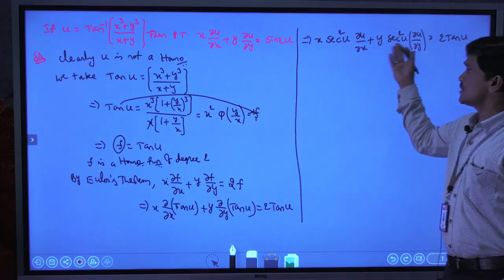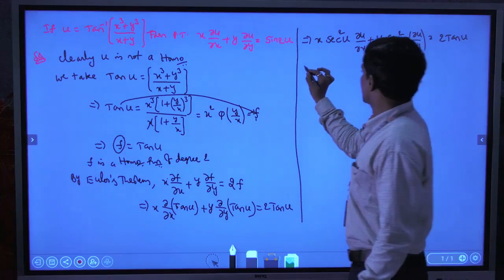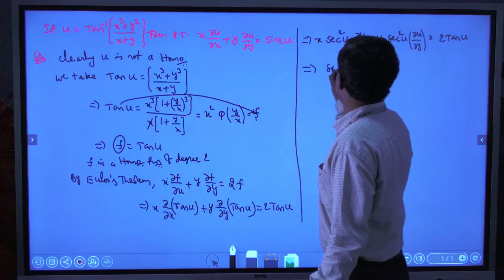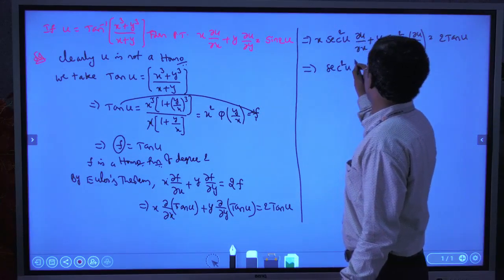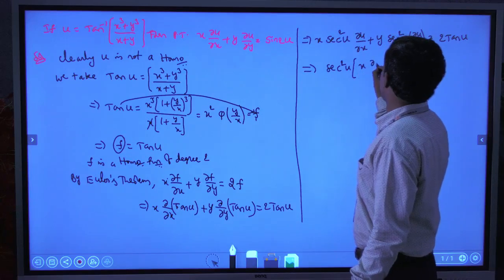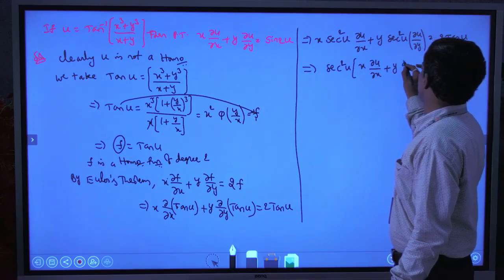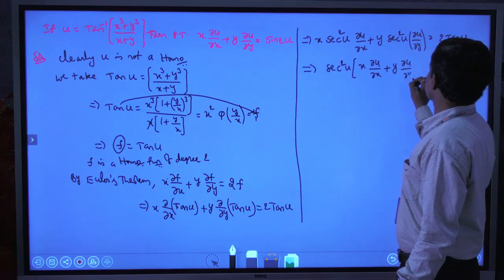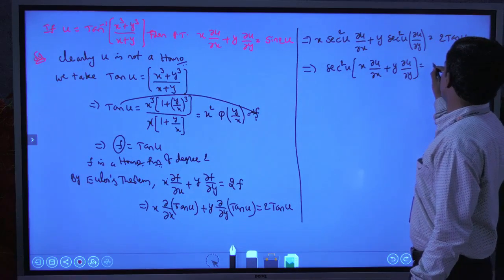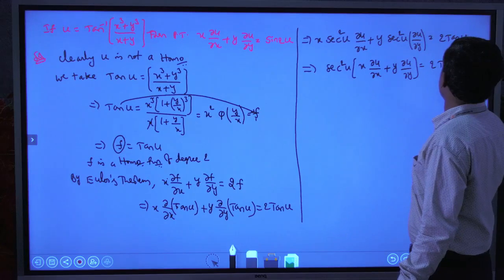Right? What is the common value in this expression? Secant square u is the common value. Here secant square u into x dou u by dou x plus y dou u by dou y is equal to 2 tan u.